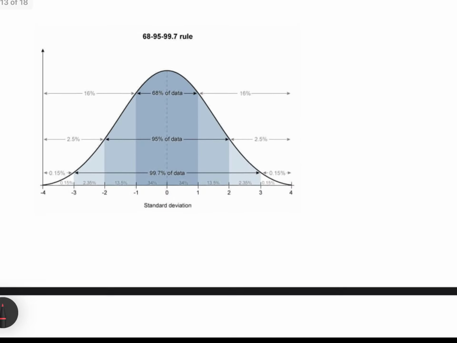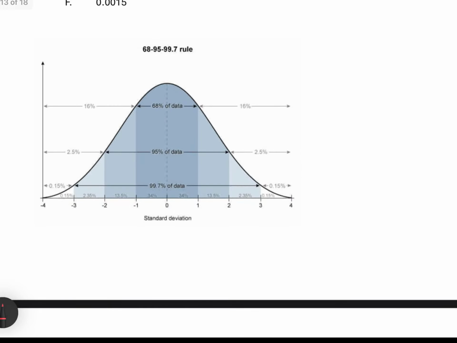If you know about that chart, this is a normal distribution, also called a Gaussian distribution. It is a symmetrically bell-shaped distribution with a fixed percentage of observations lying within a certain distance of the mean, and that distance is called the standard deviation.